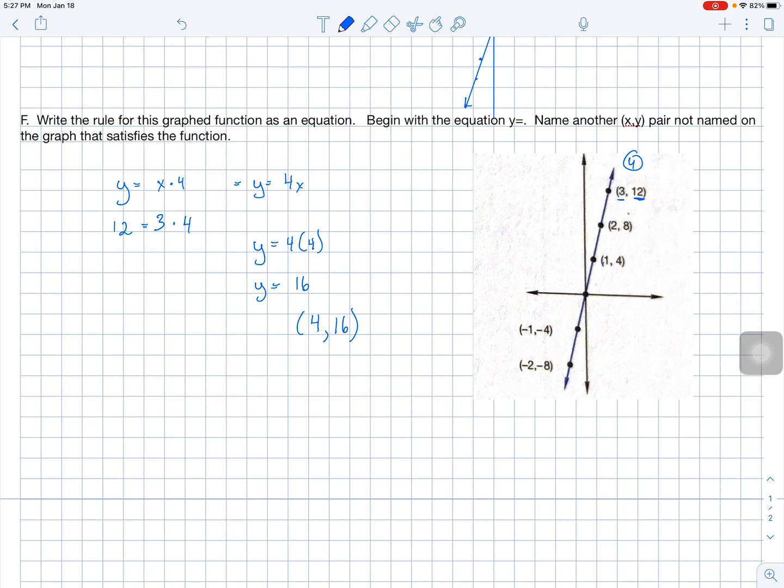Much like you see in those coordinate charts, the coordinate chart here would be showing us 0 and 0, then we have a 1 for an x and 4, a 2 and an 8, a 3 and a 12, and now we've also figured out a 4 and a 16. You would write it this way as a coordinate pair.